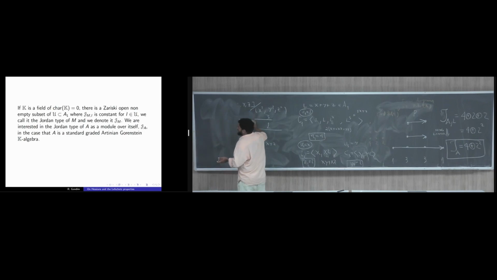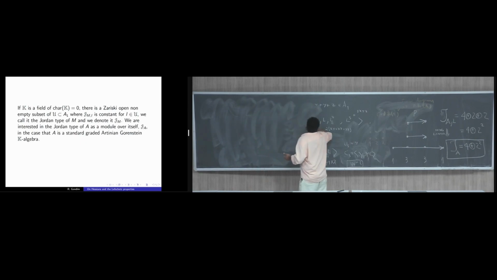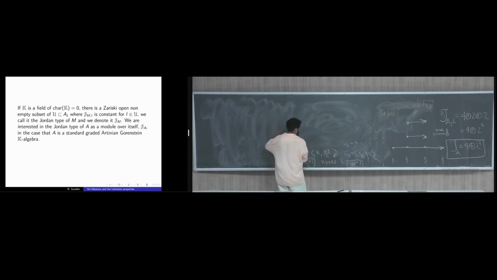Again, if the field is of zero characteristic, there is an open Zariski subset of A1 where the Jordan type is constant, and this is the Jordan type of the module, or in our case of interest the Jordan type of the algebra itself, which is the same as to say that it is the Jordan type of A with respect to a generic L.